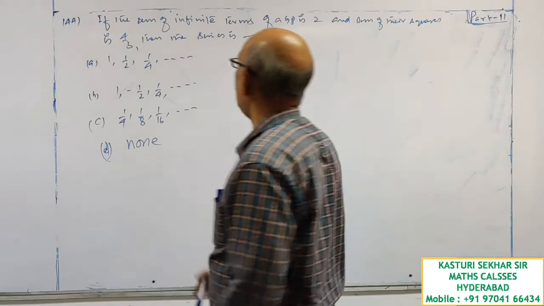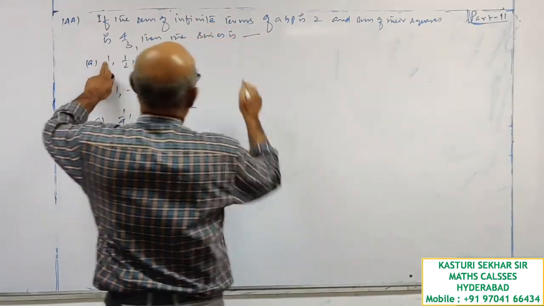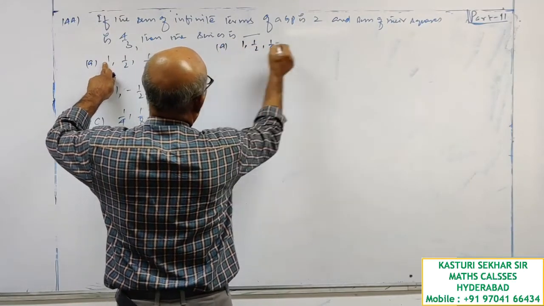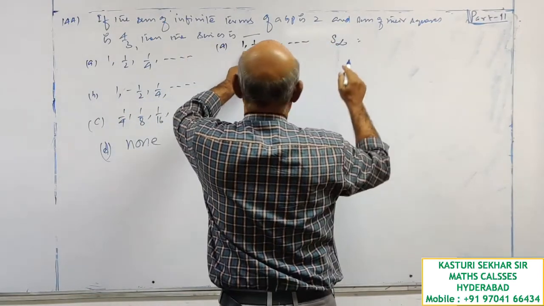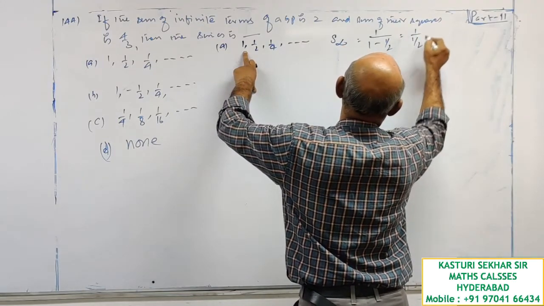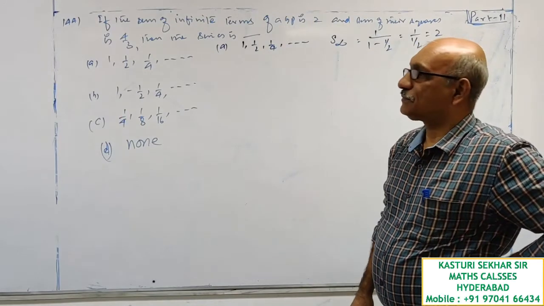Now, sir, verify the condition through options. 1, 1 by 2, 1 by 4, etc. is the sequence. S infinity is equal to first term divided by 1 minus common ratio, which is 2. First condition is satisfied.